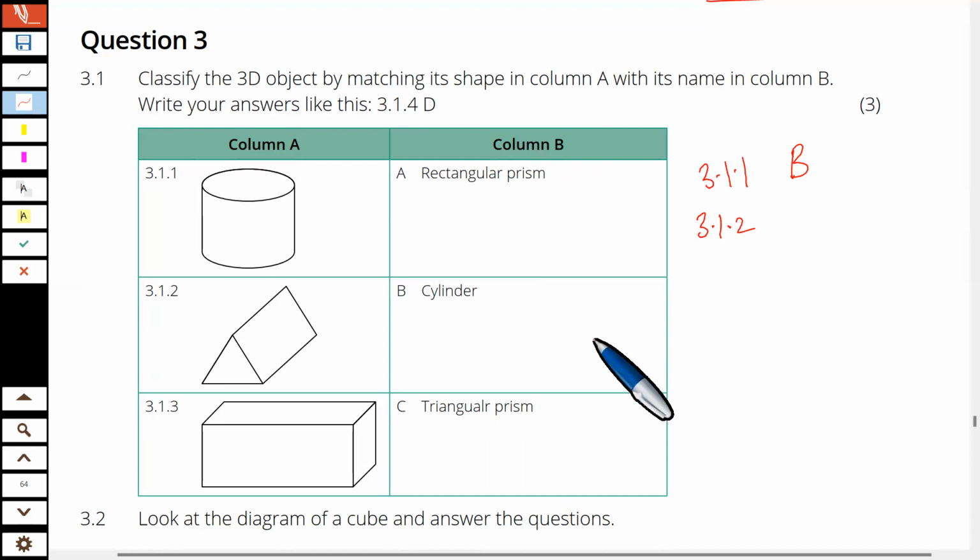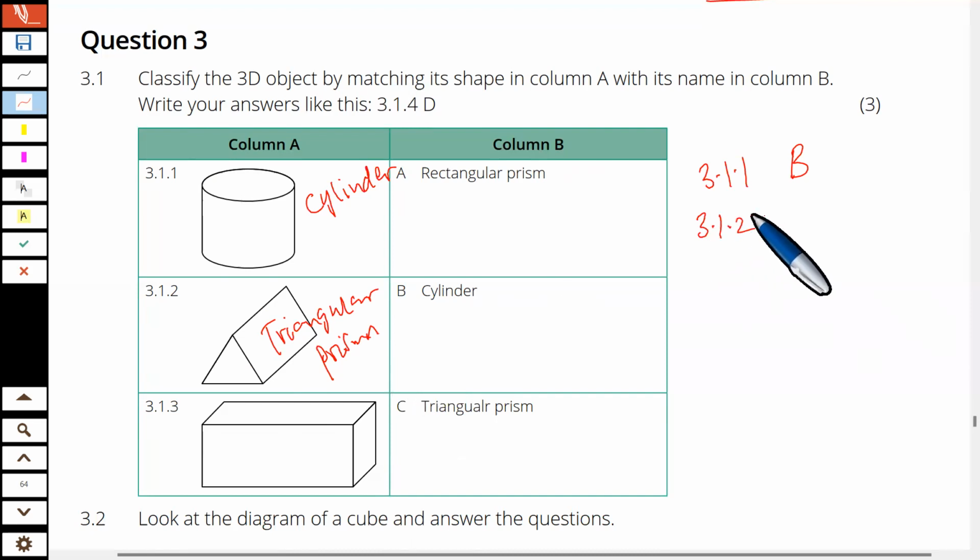It's a triangular prism. Well done. This one is a triangular prism. So we said this one is a cylinder, and this one we've already said is a triangular prism. So it is actually C.